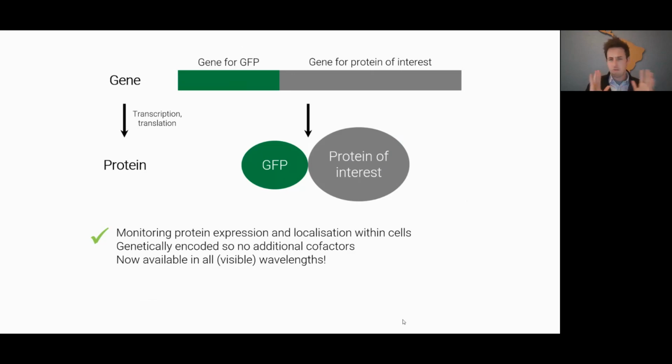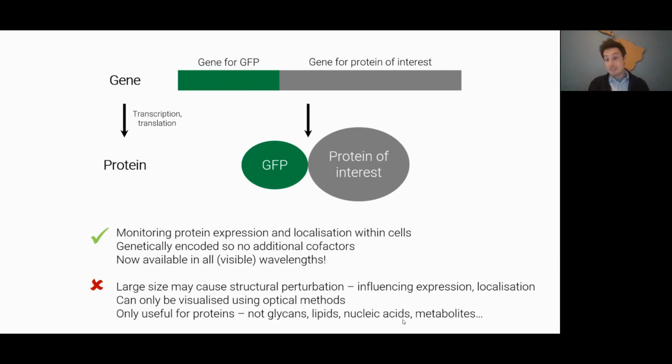And you get a vast range of these fluorescent proteins, red fluorescent protein, yellow fluorescent protein, with a whole bunch of more exotic names as well. I'll show you in a sec. But one does need to be careful, because having a large protein tagged to your protein of interest can cause a lot of structural perturbation. It can influence its expression, its localization. It can even influence its activity.